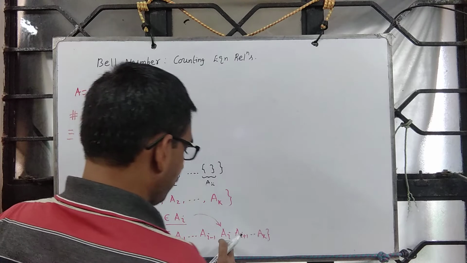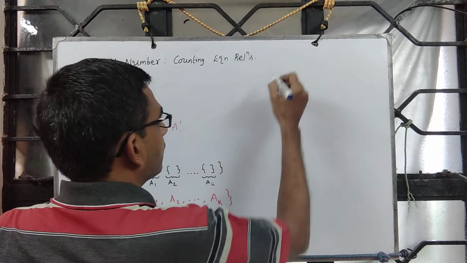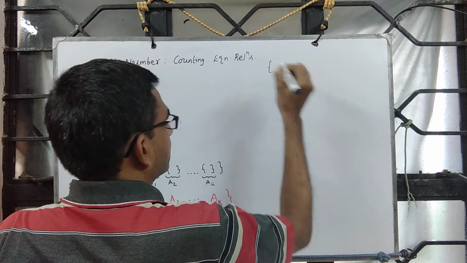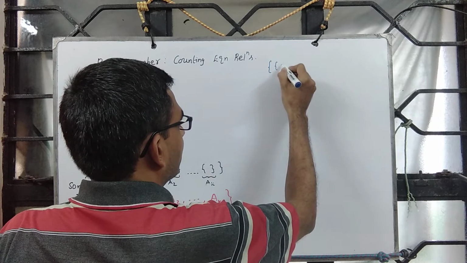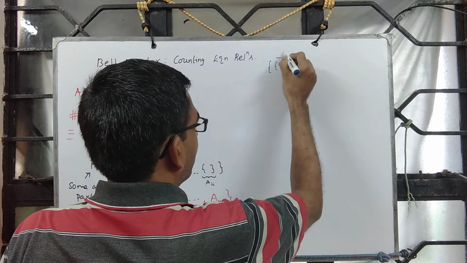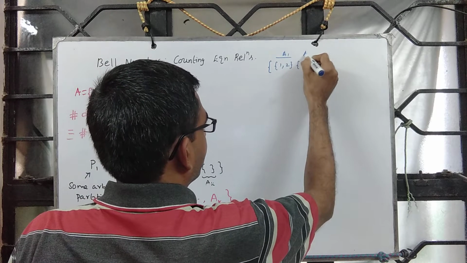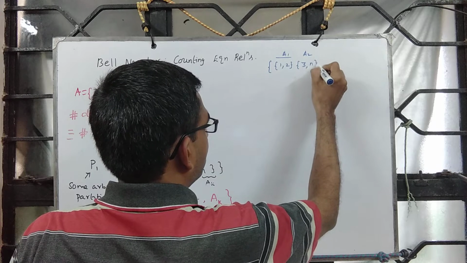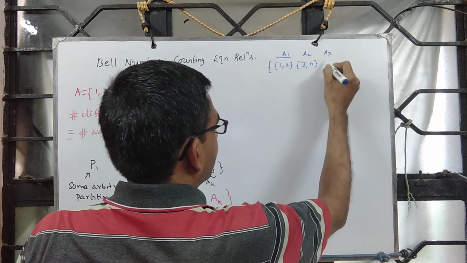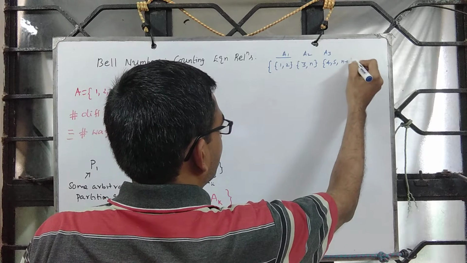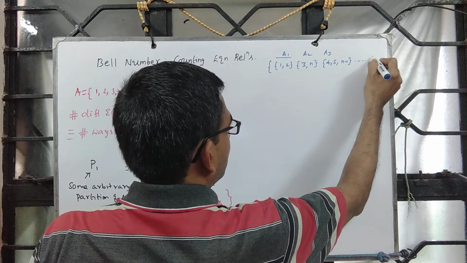So when we focus on Ai, in general it may be something like this. This will have, say, 1, 2, this is A1, and my A2 contains, say, 3, n, and A3 as, say, 4, 5, n minus 1, like that it goes.